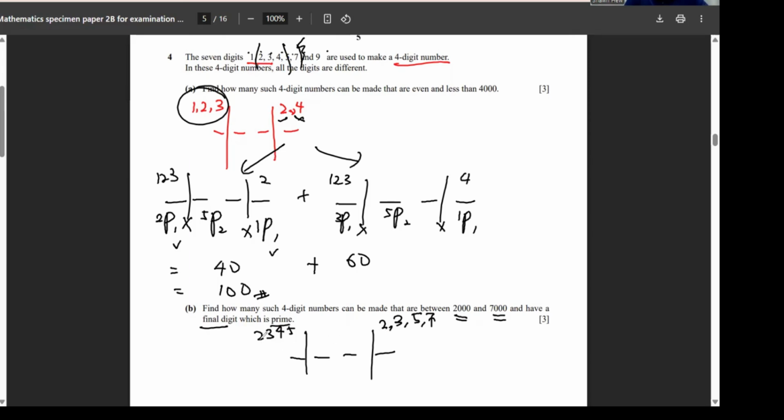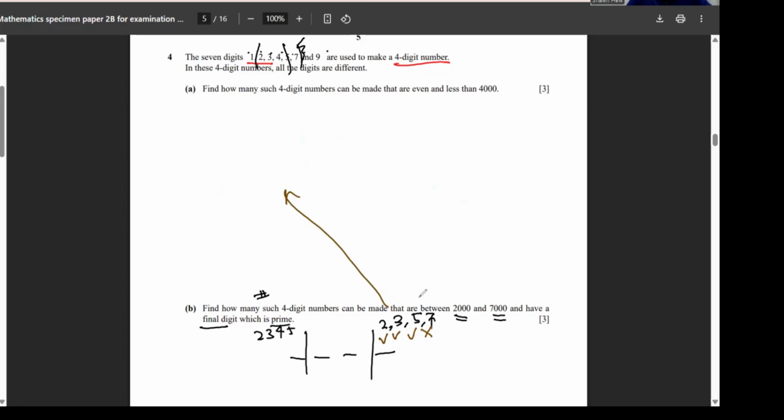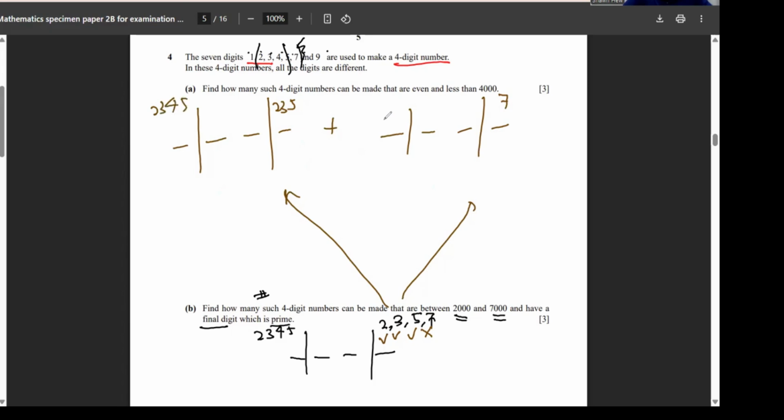You can use here to put tick cross or here to put tick cross also can. So let's say I use here: tick, tick, tick, cross. Then again, we need to split. Let's split here. So 2, 3, 5 go one side, 7 goes another side, 2, 3, 4, 5 one side, 2, 3, 4, 5 same here.